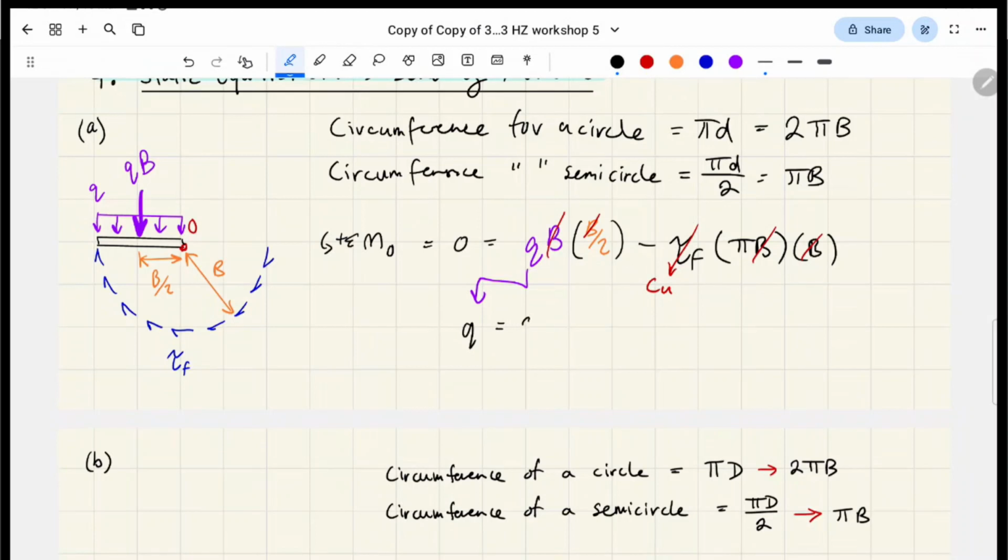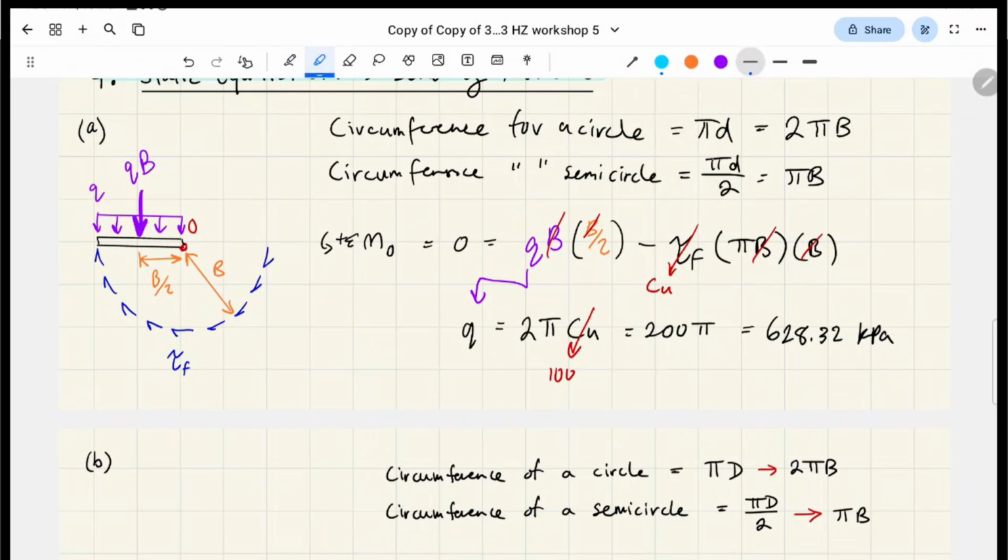So this is going to be 2 pi CU, right? We know that CU is 100, and so this is going to be 200 pi, which is going to be 628.32. So this is our source strength. Okay, does anyone have any questions?